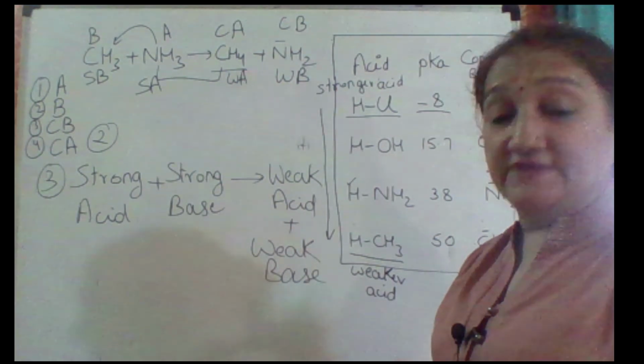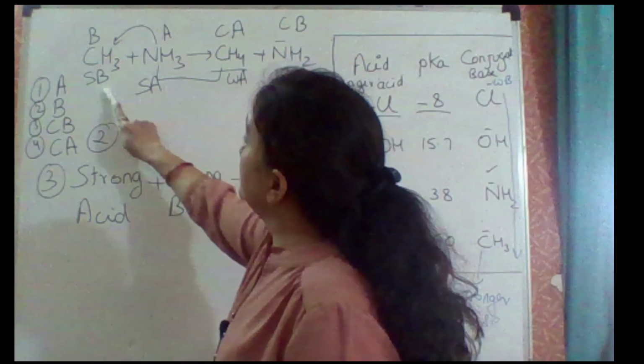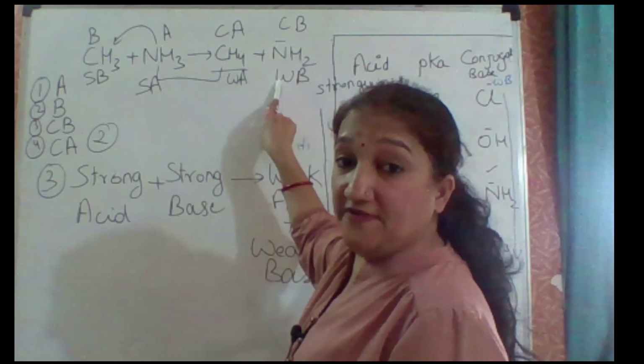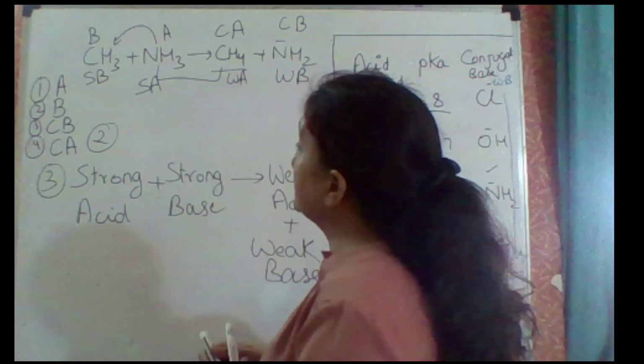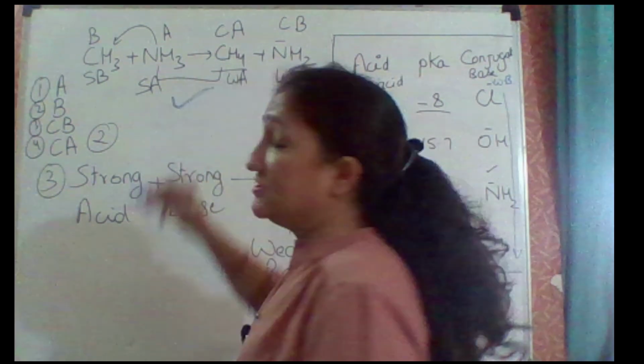Then only the reaction will be favorable. So look at this reaction. In this given reaction, strong base and strong acid are giving a weak acid and a weak base. So on this basis, we can conclude that this reaction is a favorable reaction.